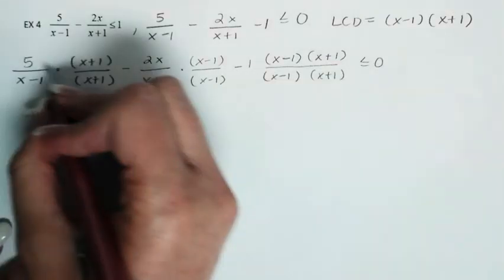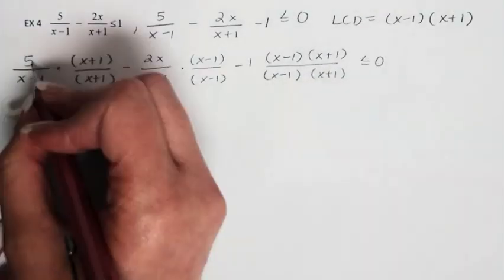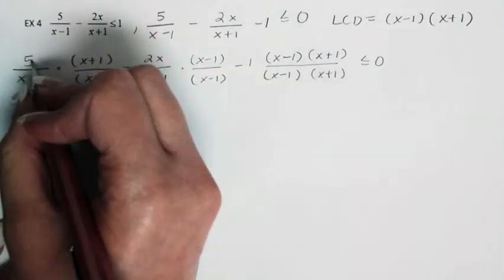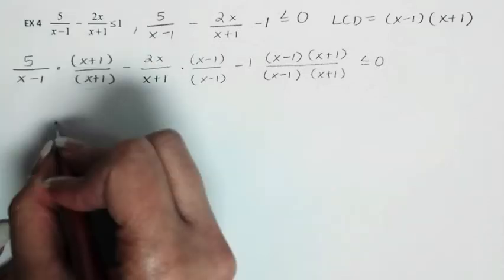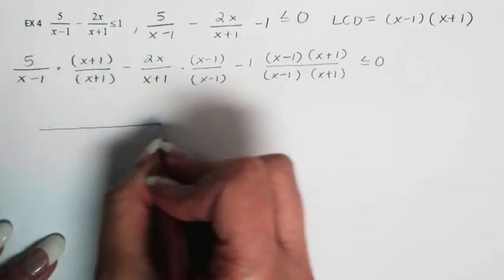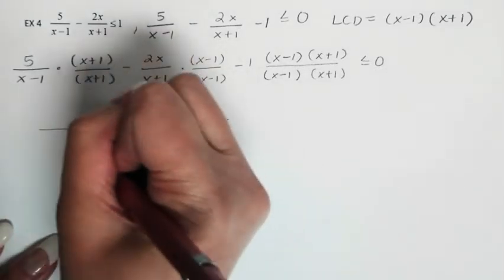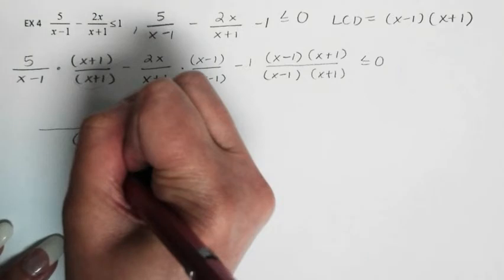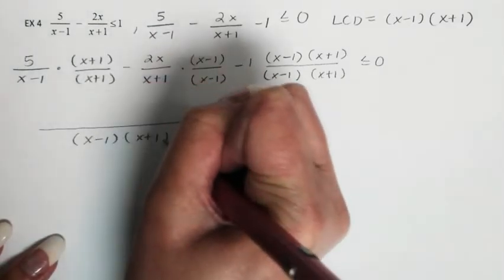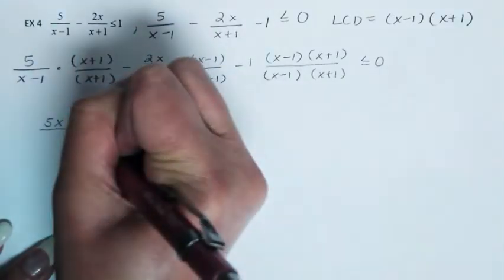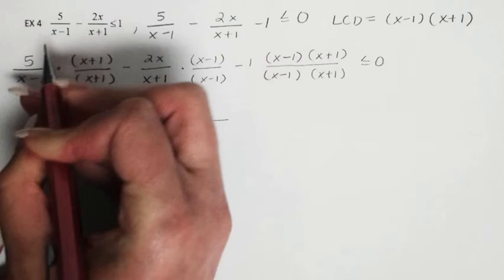So now I'm going to distribute each one of these situations. I'm going to distribute the 5 here and here. First and foremost, I know that everything will have a common denominator. Yay, that's what we wanted, right? So you have 5x plus 5, because I distribute here and here.